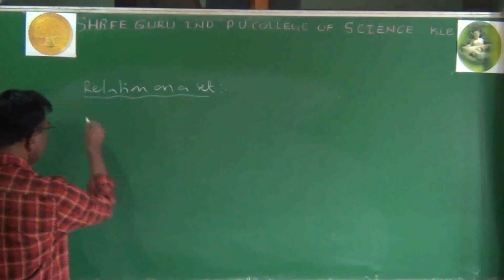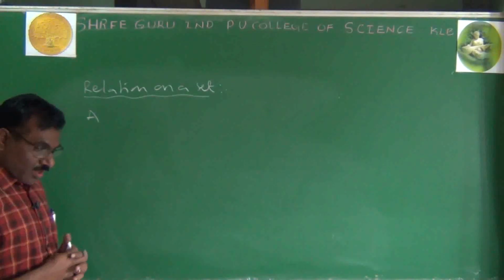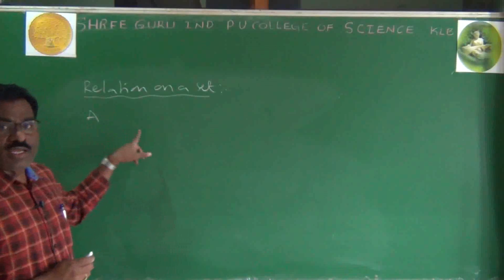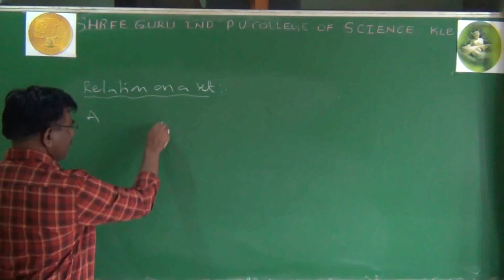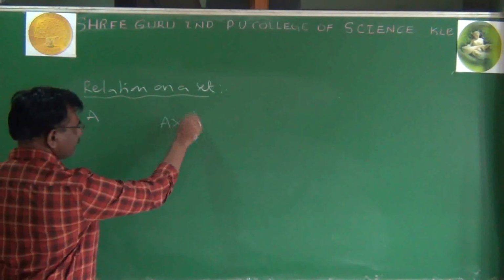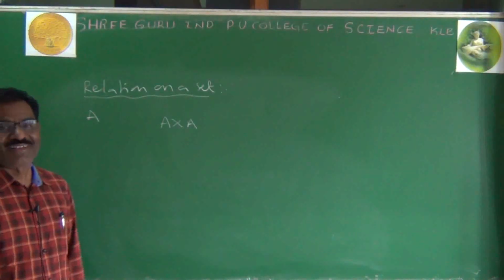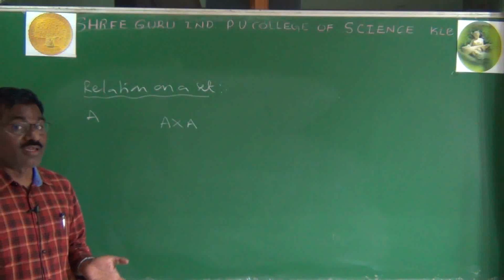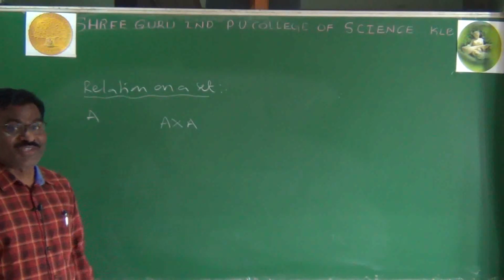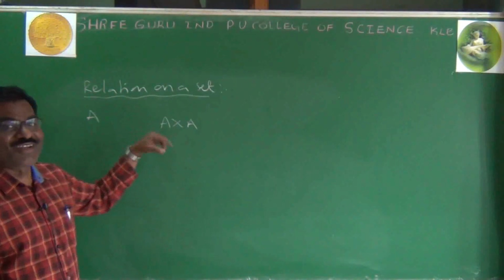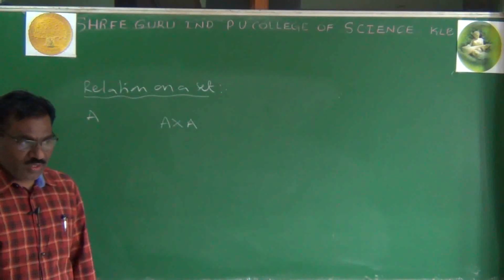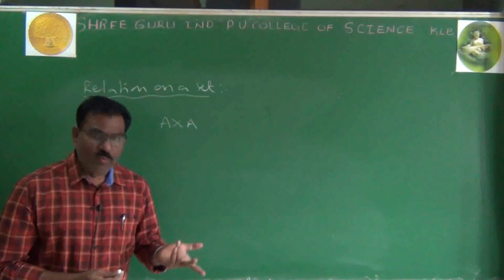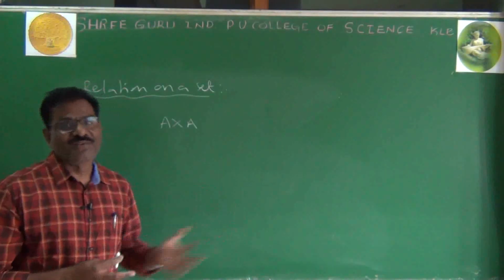That is called set A. A relation R from set A is a subset of A cross A. It is called a relation on set A. In this relation on set A, both the domain and range must be set A only.